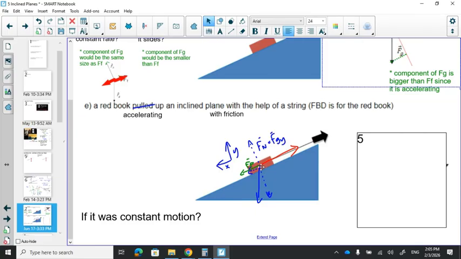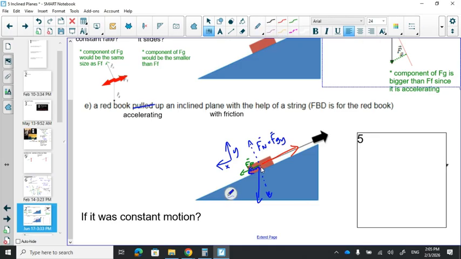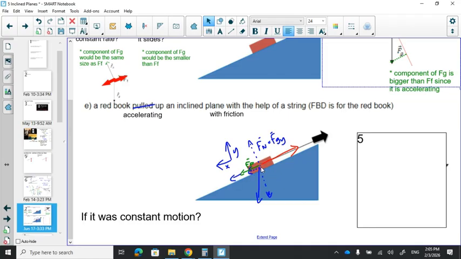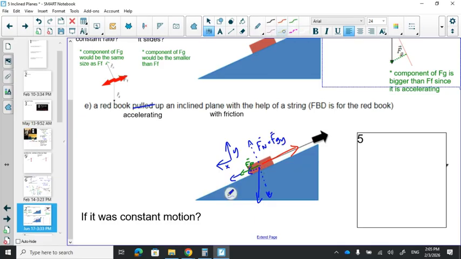But if you look at the size of these two things, this component of gravity down the ramp and the friction, they're not adding up to be bigger, right? So here I've got this is bigger than that, so larger, which means there's an F net up the ramp.